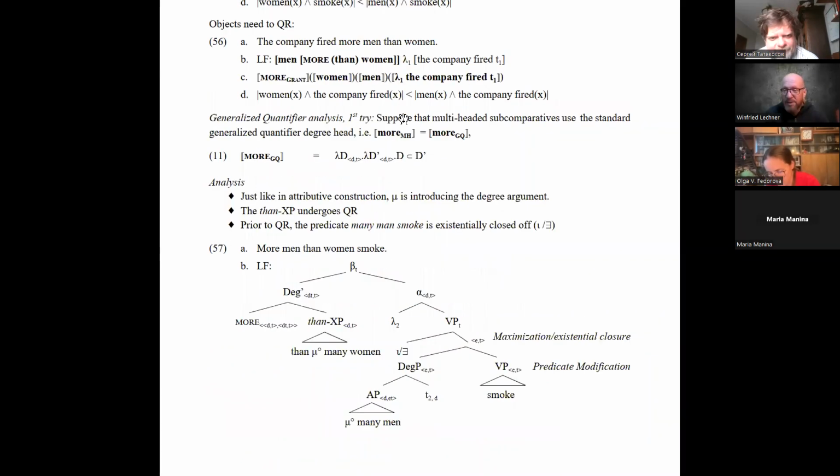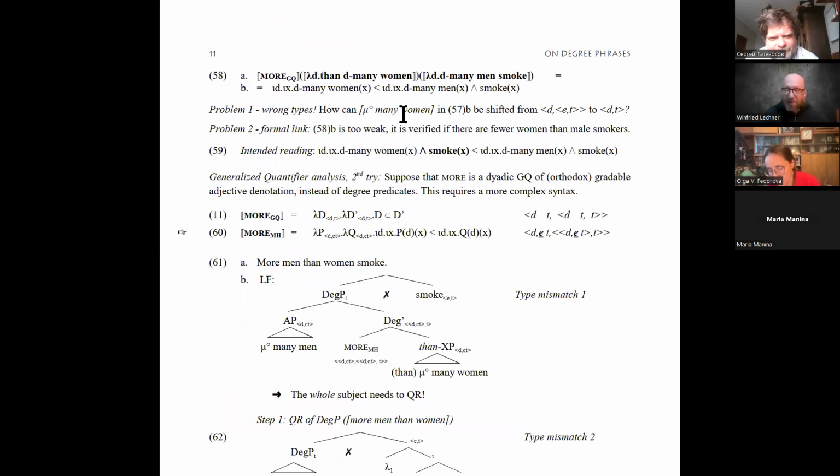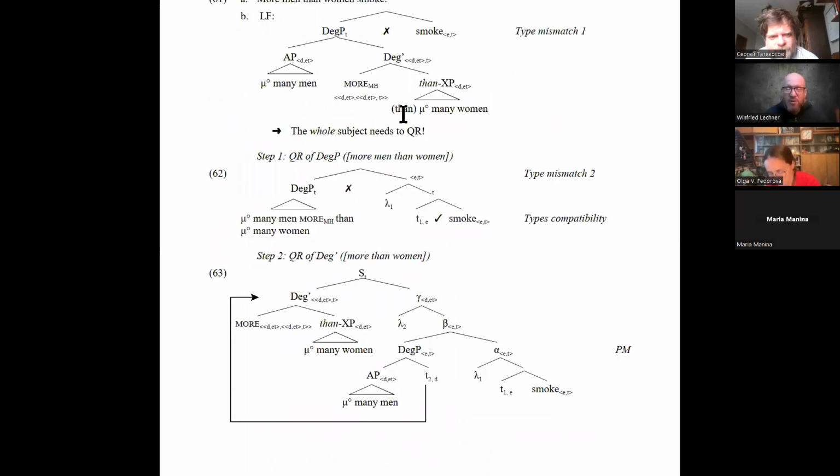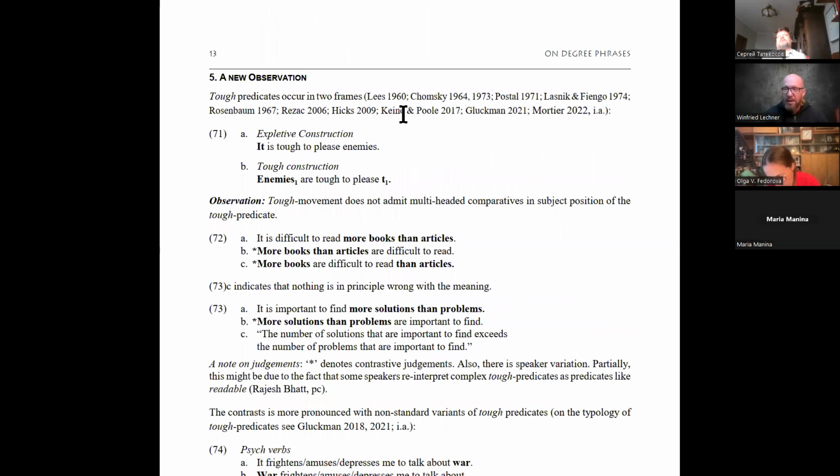So multi-headed comparatives are a nice challenge because we would like to fold them into the family of comparative constructions, and would like to not have to employ an additional degree head. Unfortunately, it seems at the moment, at least, that this is unavailable. So what we have seen so far is a positive result.